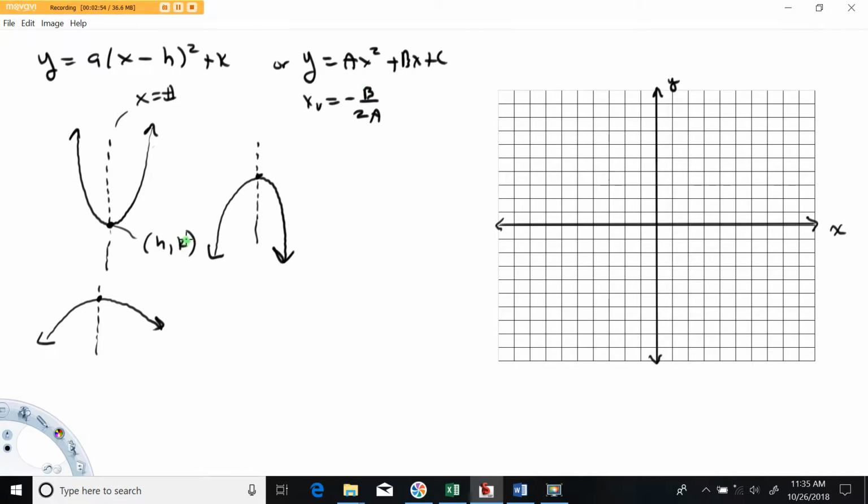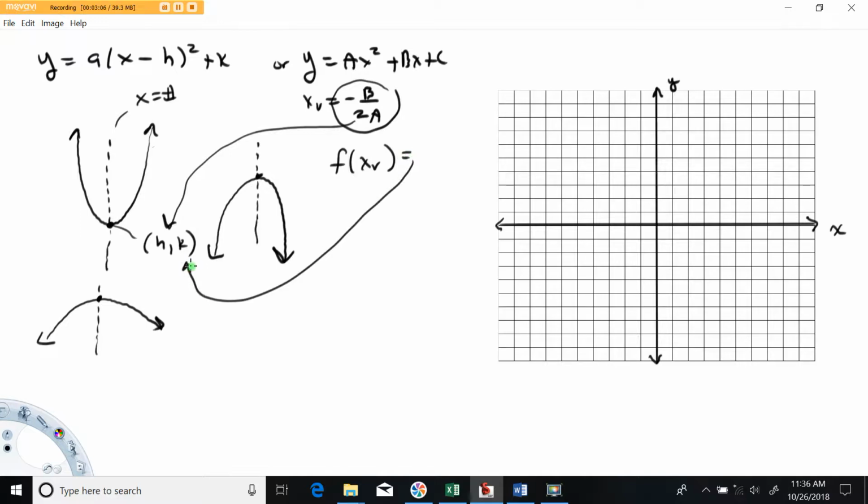In this language here, that would tell you the k. So the x-coordinate of the vertex is what we're calling h over here. And then you plug that in, f of this thing gives you the k value. And then you can start sketching your parabola. So that's the general idea. I'm going to go through some examples now.